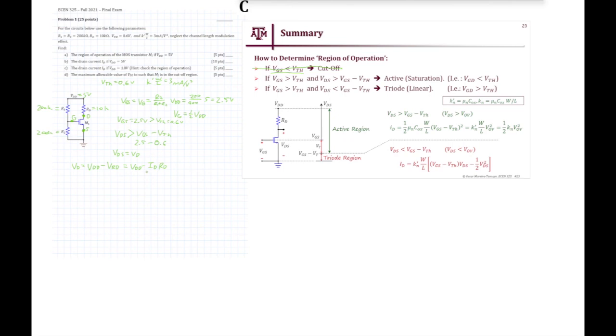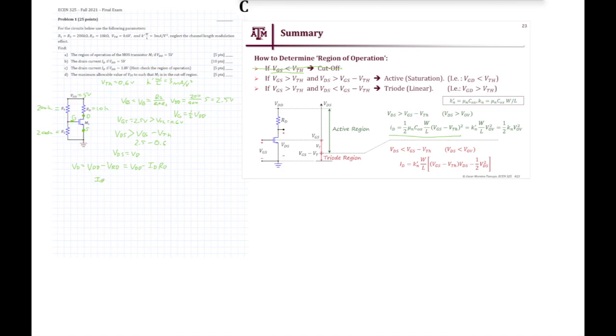Okay, so now we need to find our ID value. Using this slide, again, we are going to assume we are in the active region because that is what we are trying to figure out. So that means we are going to use the active region current equation right here to find ID.